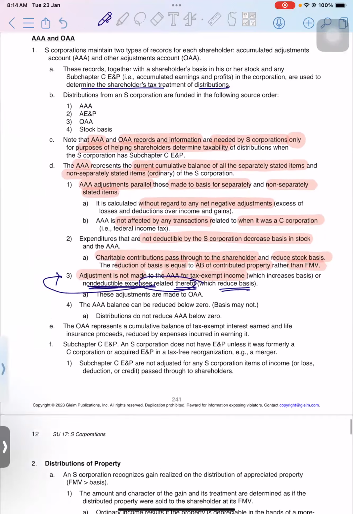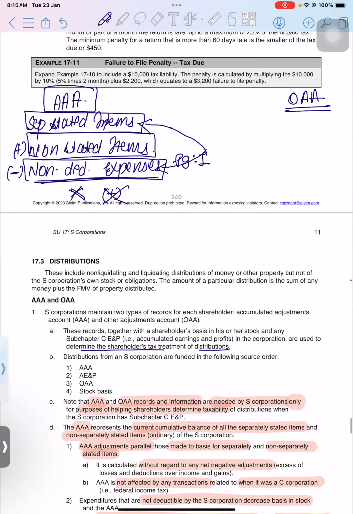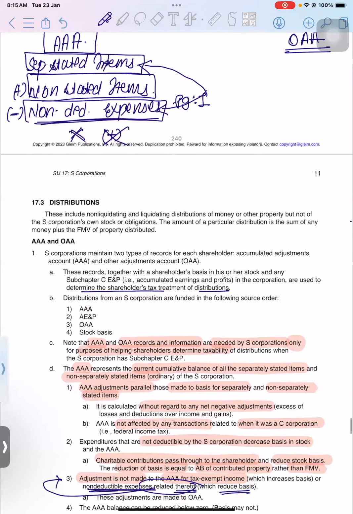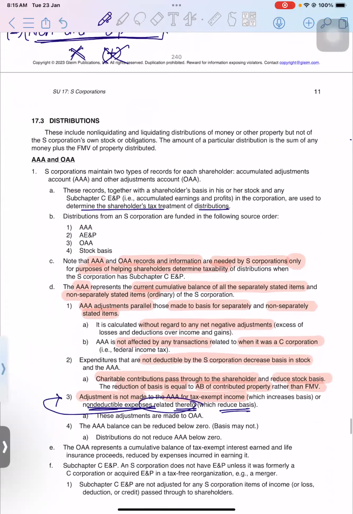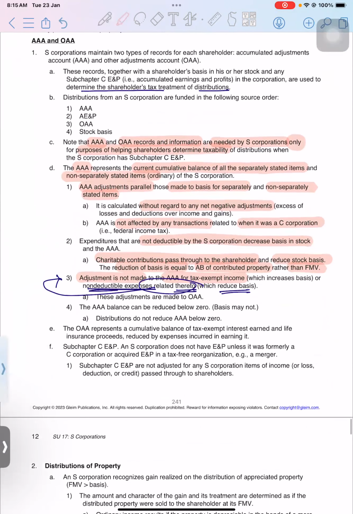But where will this adjustment be made? This will go to the OAA account. Now what is the OAA account? Any adjustment which you make for tax exempt income, any life insurance proceeds, which are non-taxable, and any expenses which are incurred to earn this exempt income.